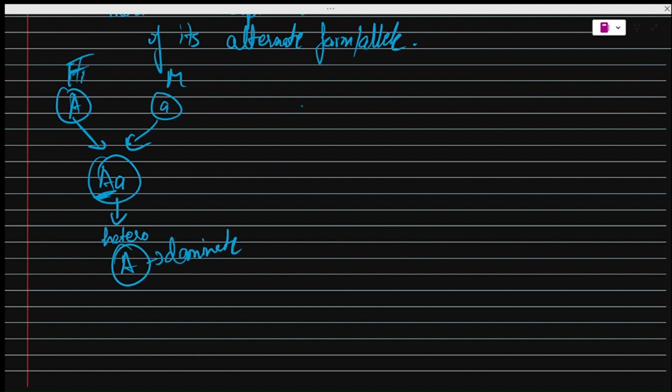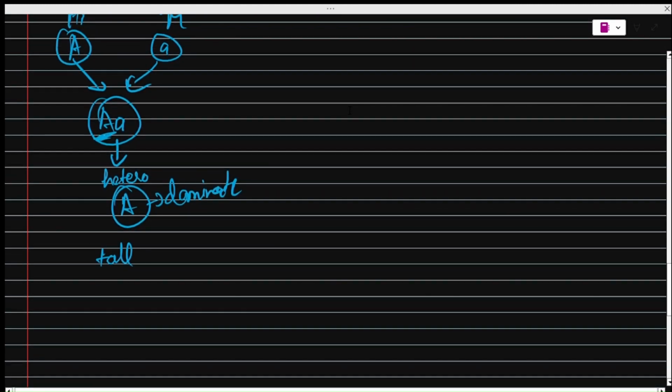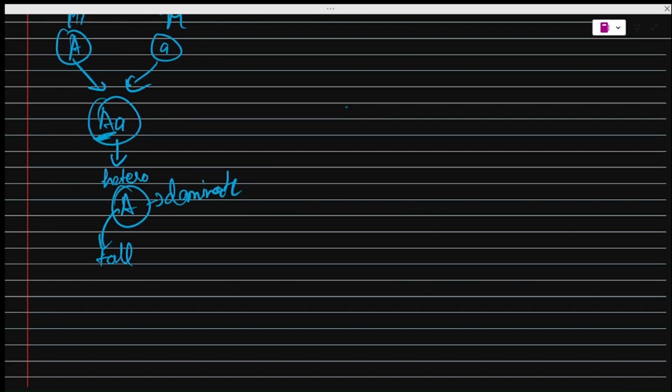If this A is height, then the individual will be tall. Suppose dominant is the taller one, so tall will be the dominating character which appears in the individual, and small a, which is short height or dwarfism, will not appear in the presence of the dominant allele.